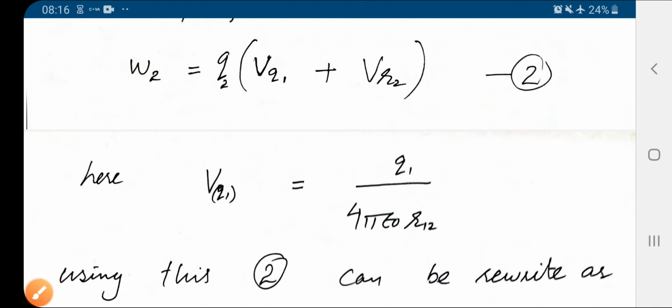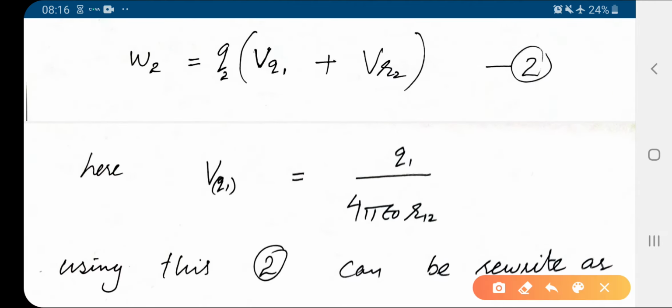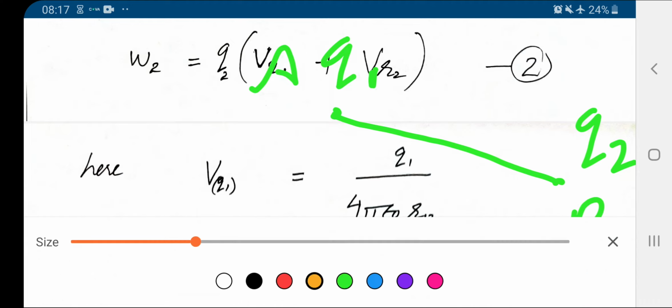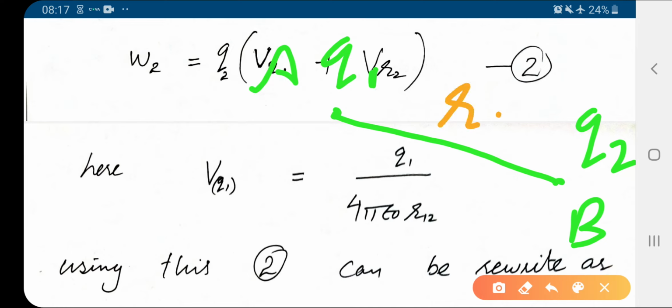So here now, the important thing is this is the potential due to the electric field. Now what will be the value of this? So the potential at point B due to charge Q1. Again, if we revise the diagram, here is charge Q1 at point A, and this is the new position, say B, where we want to place another charge, say Q2, and the distance between these charges, say R12.